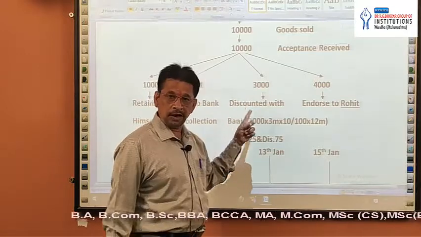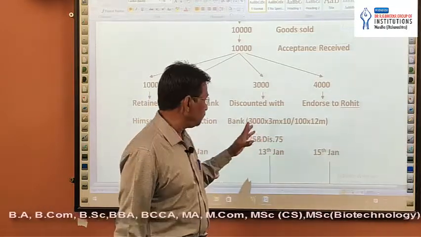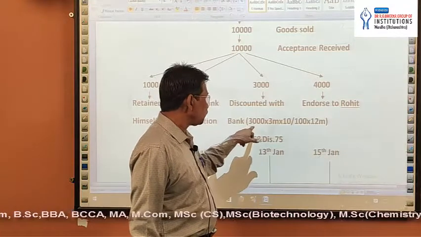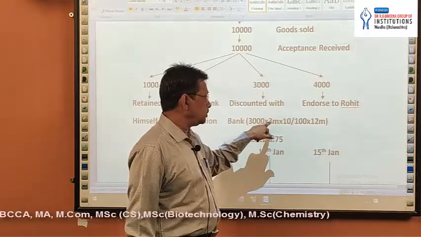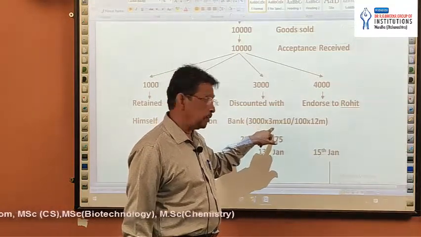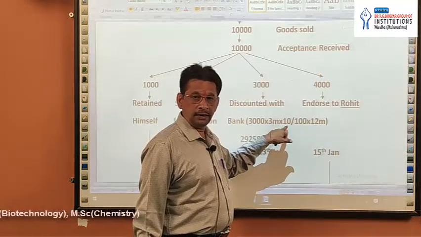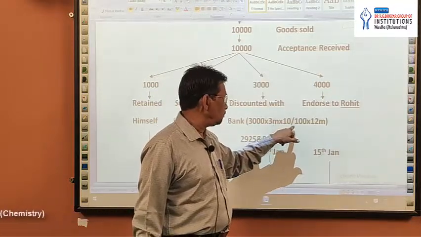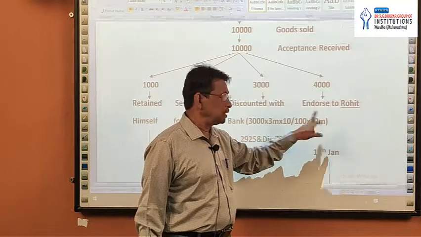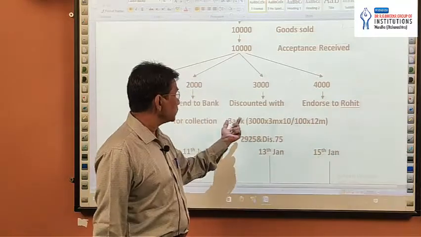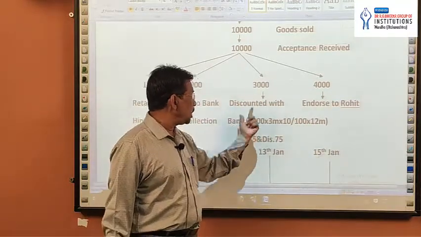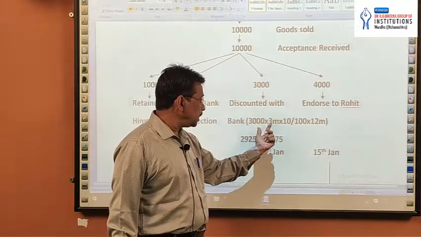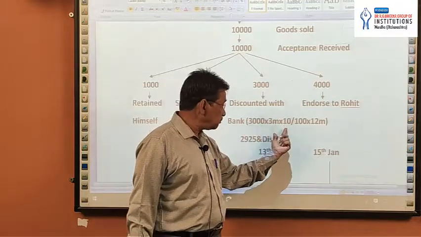So how to calculate the discount amount? Again, the formula: amount of bill multiplied by period of bill multiplied by rate of discount, divided by 100 multiplied by 12 months. In this example, the bill amount is 3,000, the period is 3 months, the rate is 10%.